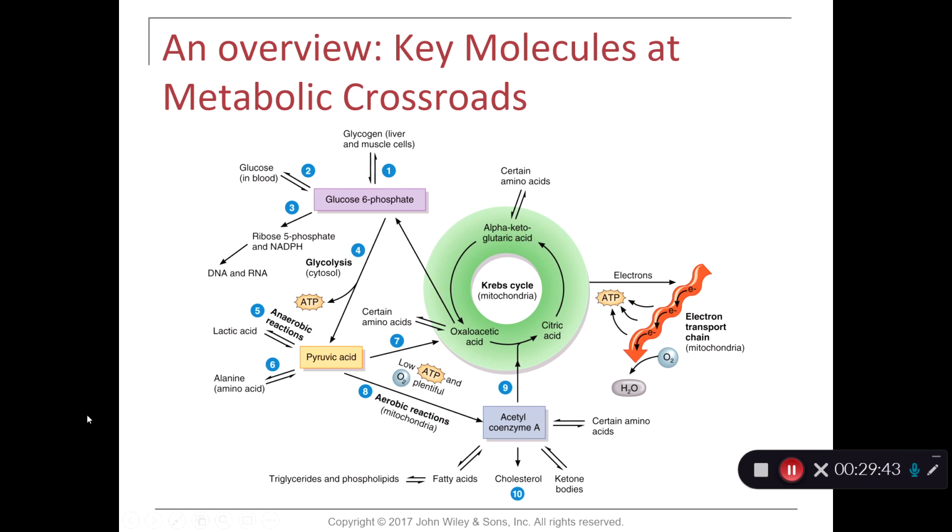If you do have oxygen present, then it is moved into the Krebs cycle, where it produces not only carbon dioxide, but NADH and FADH2, which can then be turned into the electron transport chain, which produces the high amount of, aka 26 to 28, ATP molecules per glucose molecule.